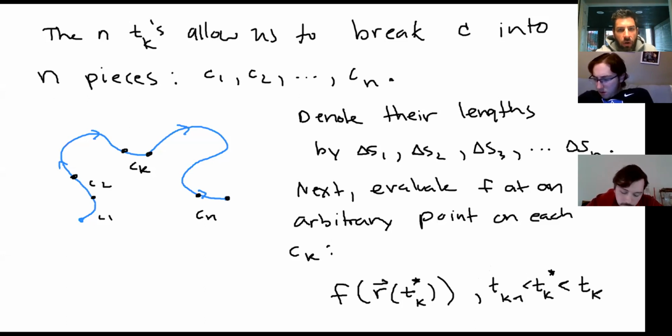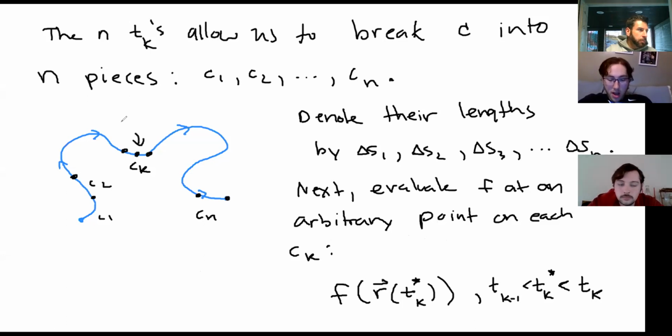So t sub k star is just in that interval somewhere. So perhaps, for example, this point right here is the point r evaluated at t sub k star. Does that make sense?